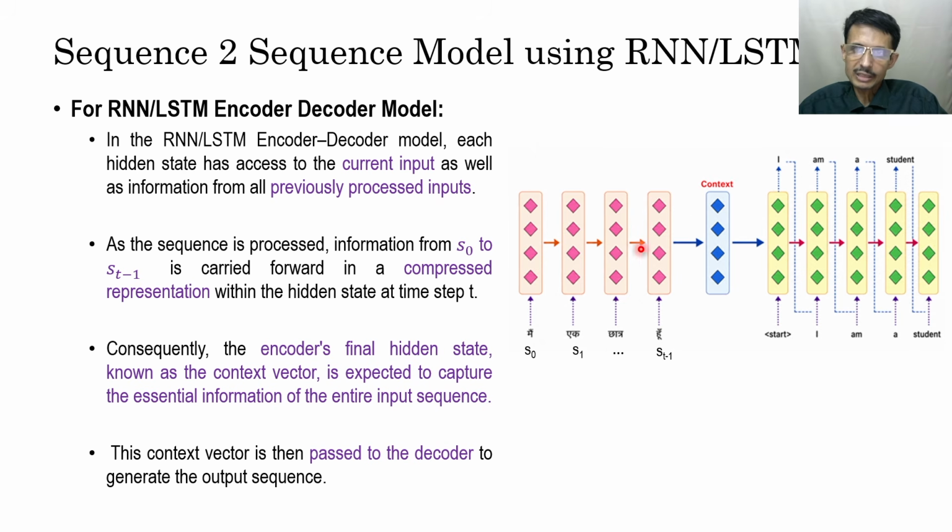So the context vector is very important as the output of the entire input after the final state. For a very simplistic view, what is the meaning of the sentence? Knowing the meaning of the sentence, we want to derive the sentence in another language. So this context vector is then passed to the decoder to generate the output sequence. This is the basic idea of sequence to sequence modeling.